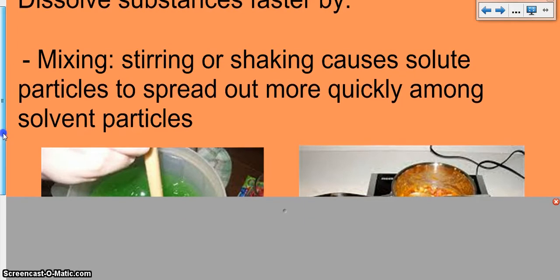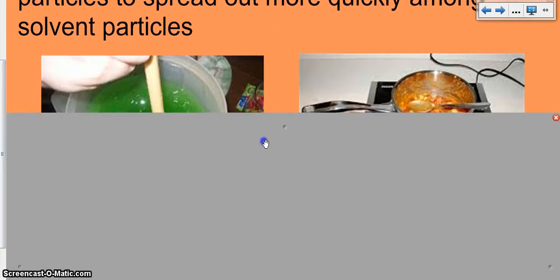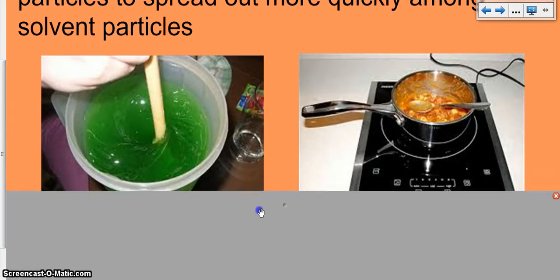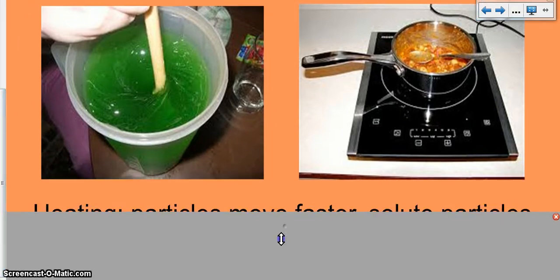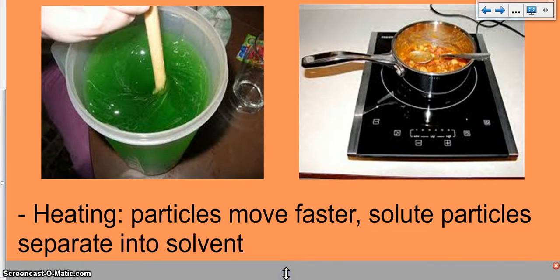Over here on the left, you see this green drink being mixed. But on the right, you see this being heated. So heating is also important. Remember we talked about temperature? When you heat, particles move faster, and solute particles separate into the solvent.